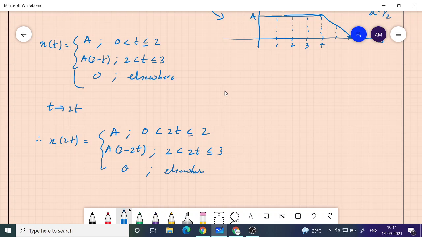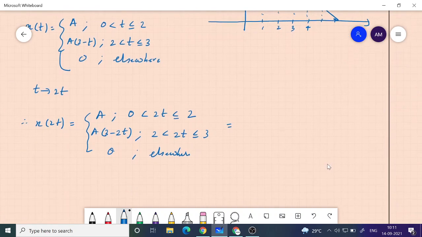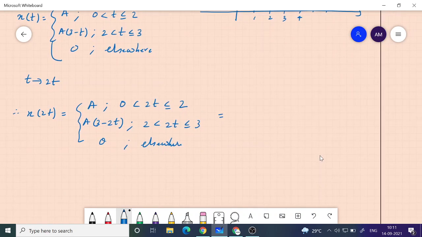Okay, now all that we need to do is rearrange these range expressions. So here it is a, and how to rearrange? If you want to go from 2t to t, you have to divide everything by 2. So 0 by 2 is 0.